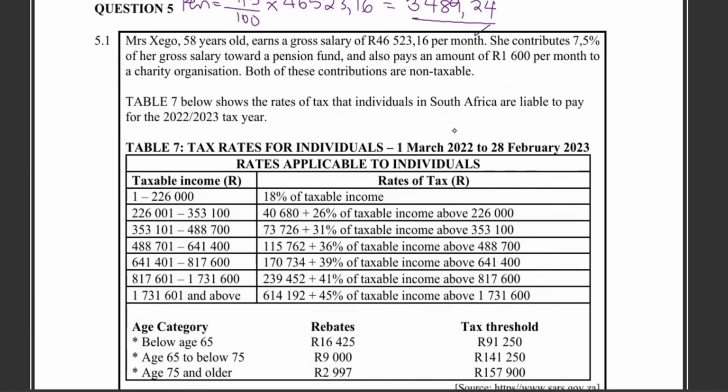So the taxable income should equal to 46,000, this money that she has here, minus the pension that we've just got, minus the contribution, the donation. Since they said it's annual, we multiply everything by 12.